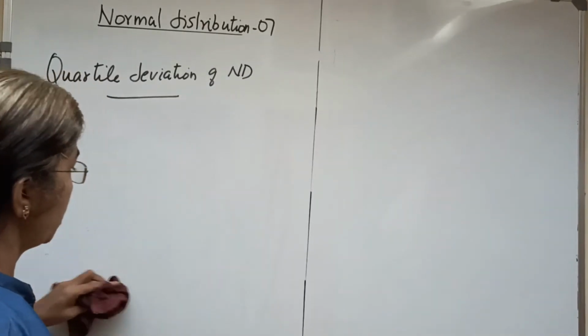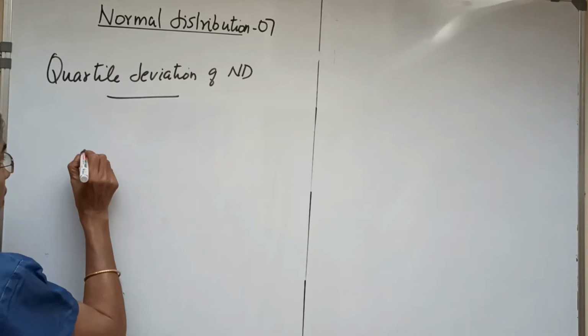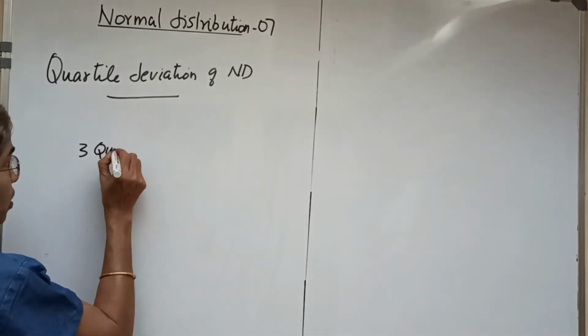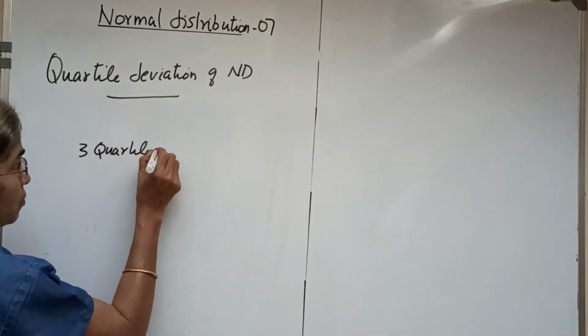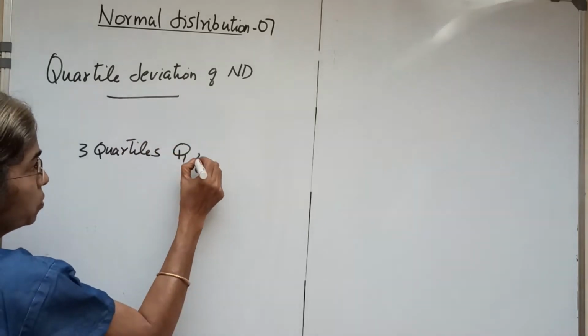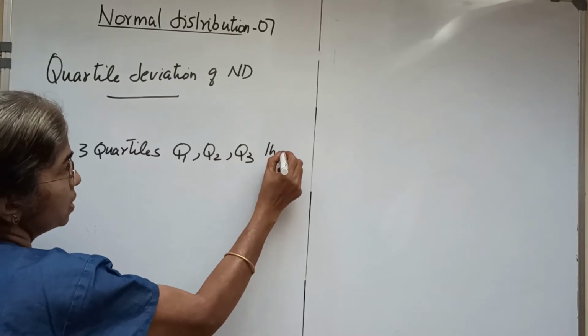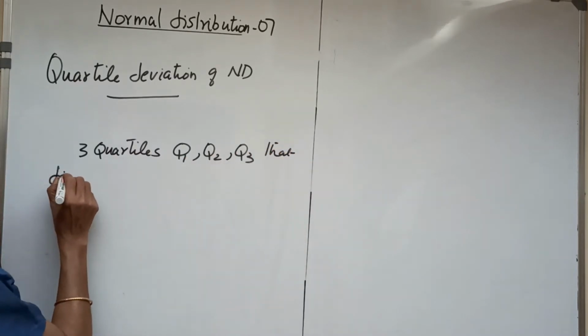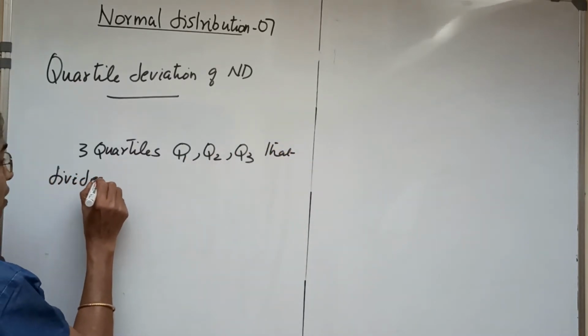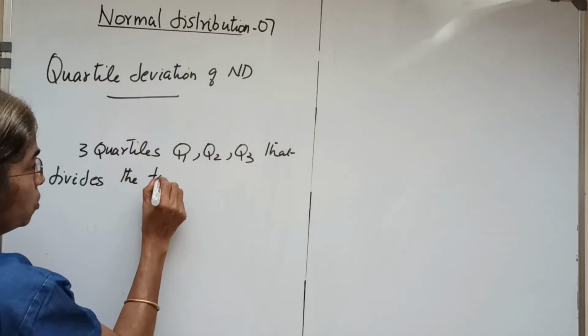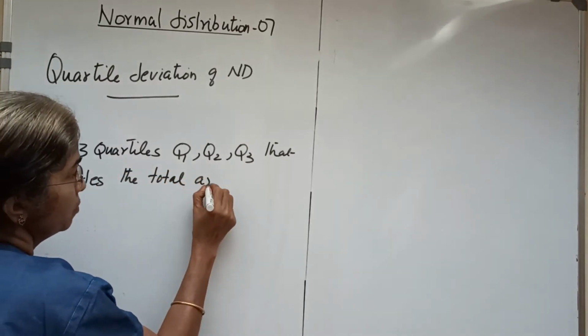I will give a brief summary. There are 3 quartiles, Q1, Q2, Q3, that divide the total area into 4 equal parts.